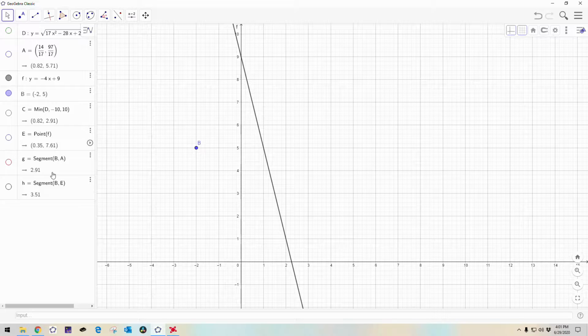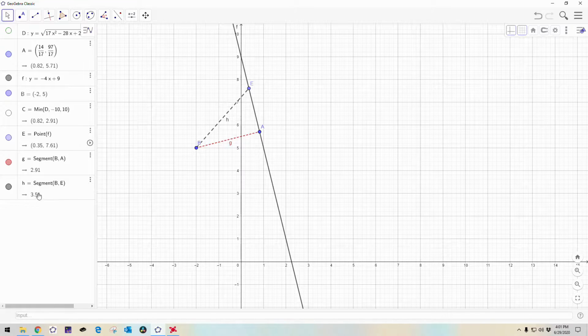So notice that what we calculated was the point 14/17, 97/17 right here at A. So if I take the segment between those two, you can see it's listing that distance as 2.91 here. Okay, so if I take any other point on this line, let me just call it E, whatever, and then look at the segment length.